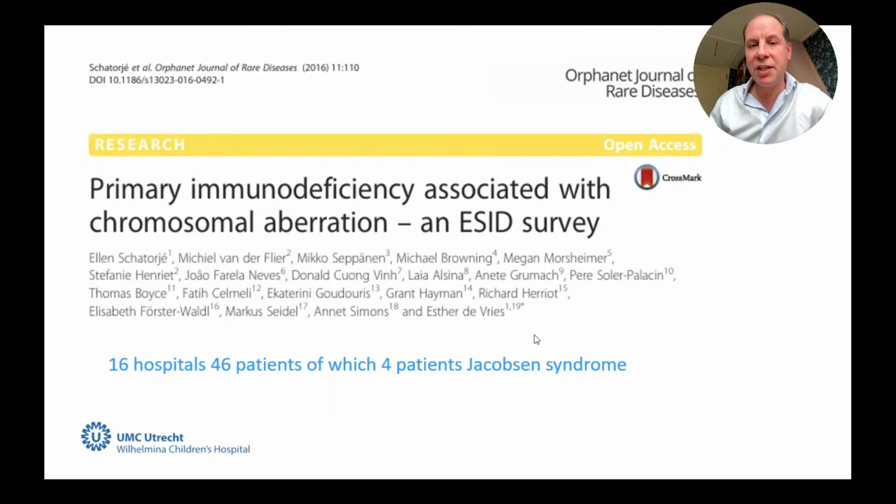So to give some impression of the importance of Jacobsen syndrome as a cause of syndromal immune deficiency: about 10% of the syndromal immune deficiency was caused by Jacobsen syndrome. That excludes children with Down syndrome and the 22q11 deletion syndrome. But it's an important group of children and adults.